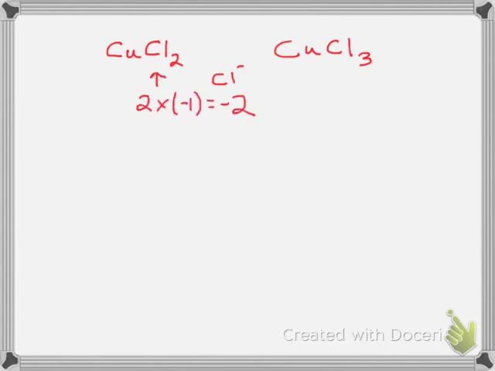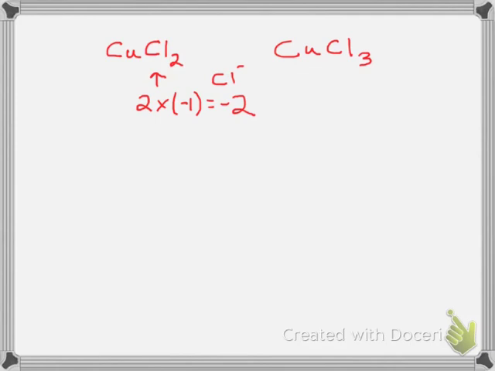Let's try 2 compounds that contain copper and chlorine, CuCl2 and CuCl3. Checking the periodic table will tell us that chlorine always has a -1 charge. Now, in the first compound, there are 2 chlorines, so taking those 2 chlorines multiplied by the -1 charge gives us a total of -2.